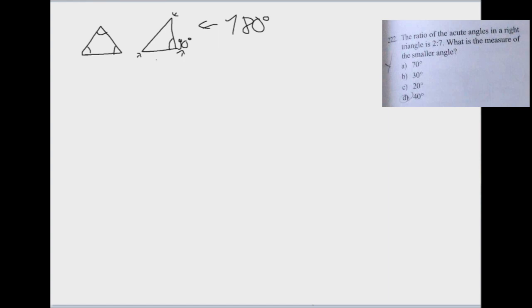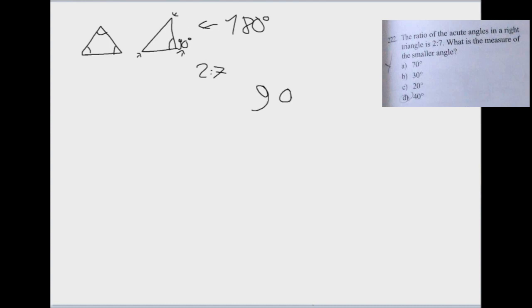So these two have to add up to 90 degrees in total. The ratio here will be 2 to 7. We have 90, that's what we need to sum up here.